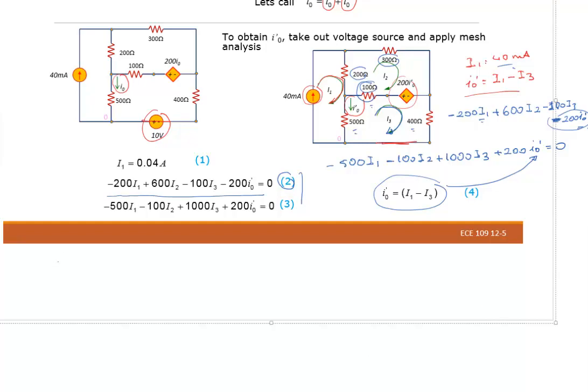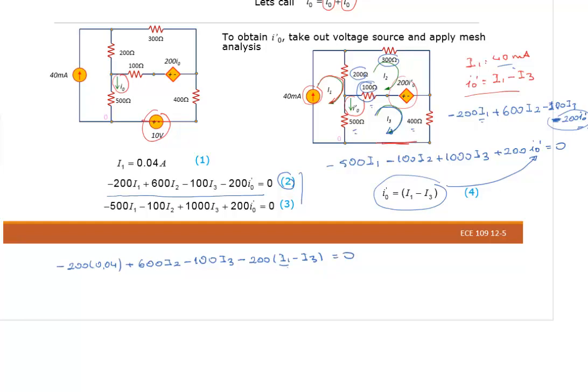So the first equation here is going to be negative 200 times I1, which is 0.04, plus 600 I2 minus 100 I3 minus 200, and here I1 minus I3 will be equal to 0.